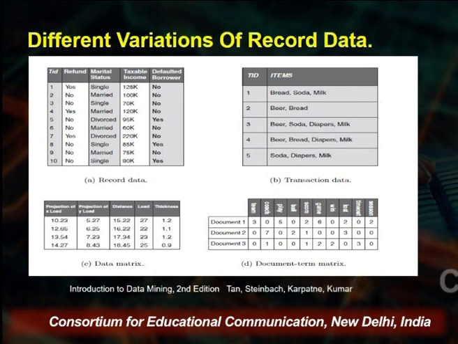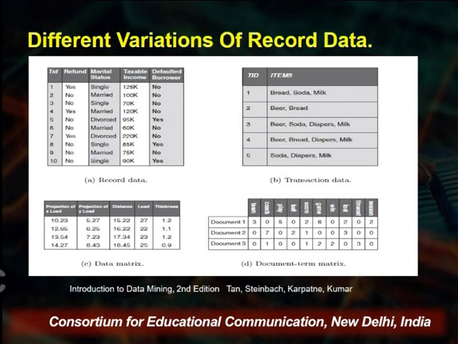Transactions 1, 2, 3, 4 and 5 are given, and in each transaction some number of items are purchased. Here the number of attributes for each transaction, or each data object, will be different. This is not symmetric, because not all transactions will have all types of objects.